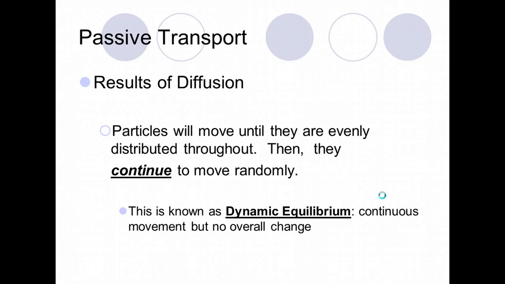So, particles will move until they're evenly distributed throughout, which is another way of saying equilibrium. But then they continue, this is the key, they continue to move randomly. So even though they're evenly spaced on either side of the membrane, that doesn't mean they're not still moving and bumping into each other. And so this is the term that you want to know.